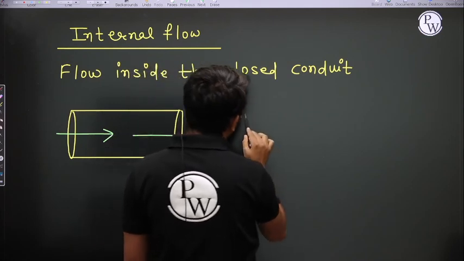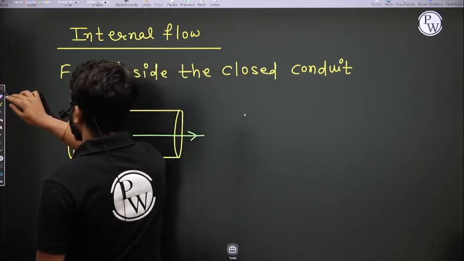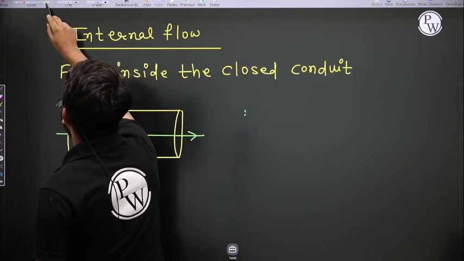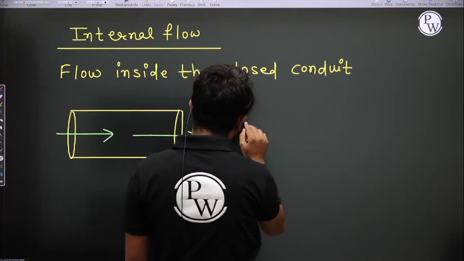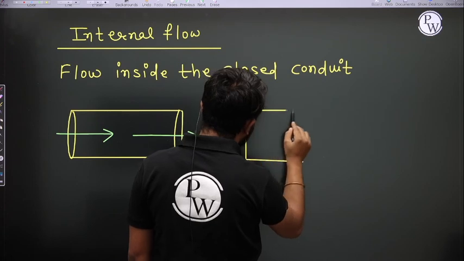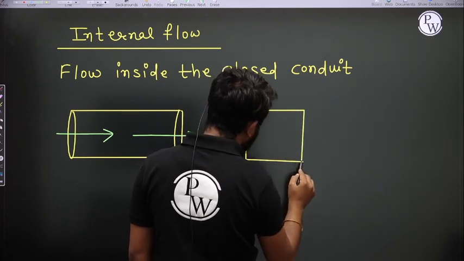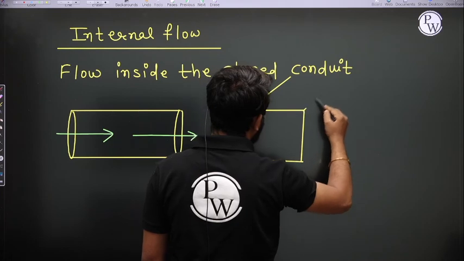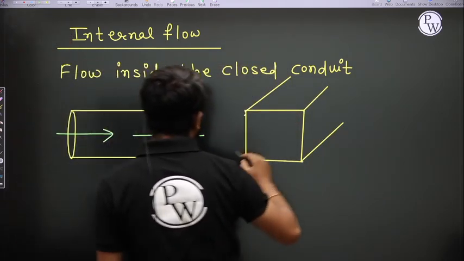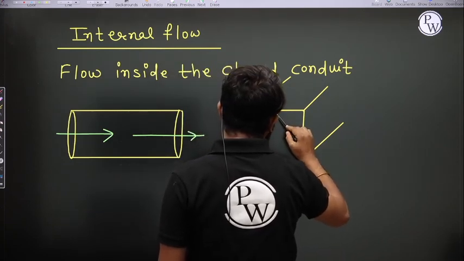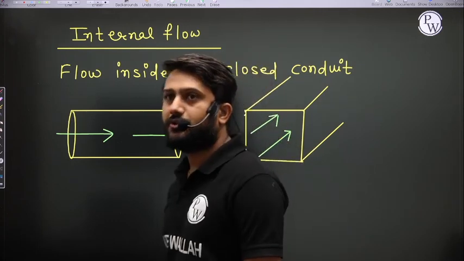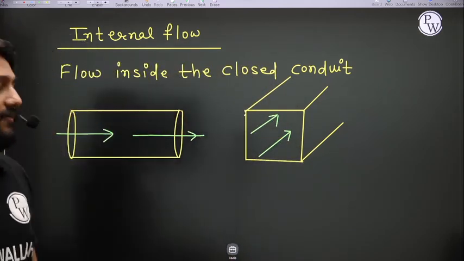Right? Duct. So this is the duct. So this is the flow inside the duct. This is also an example of internal flow.